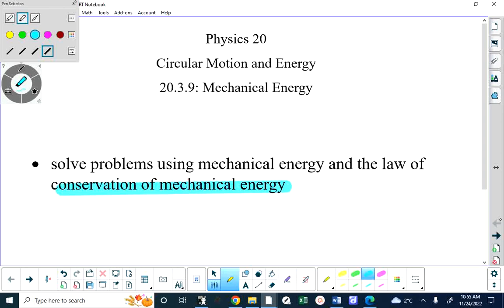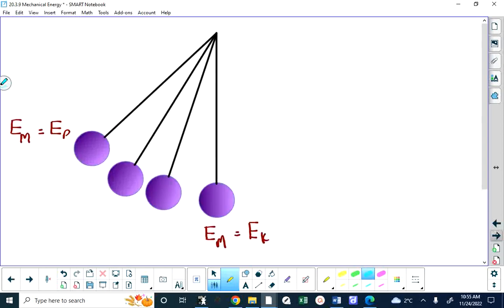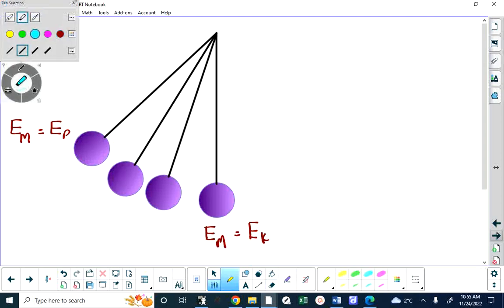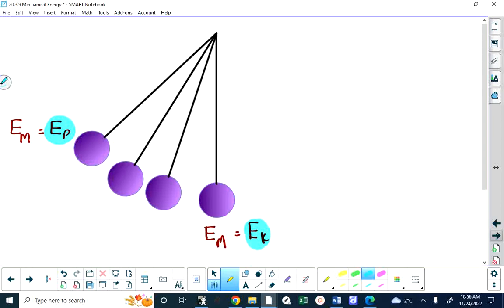So if mechanical energy is conserved, which it's going to be in every example we look at today but one, what can you tell me about the potential energy this pendulum has at the top and the kinetic energy it has at the bottom? It is equal in magnitude. They're equal. And we don't actually need to use the word magnitude because energy is a scalar, right? It's not a vector.